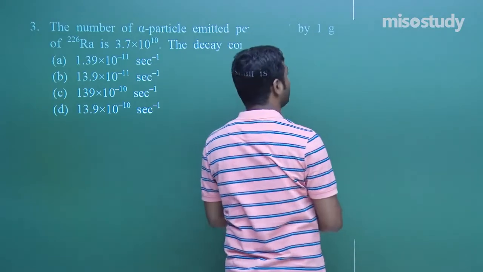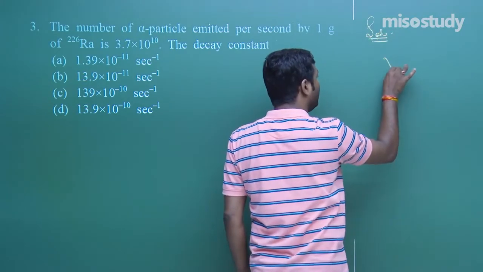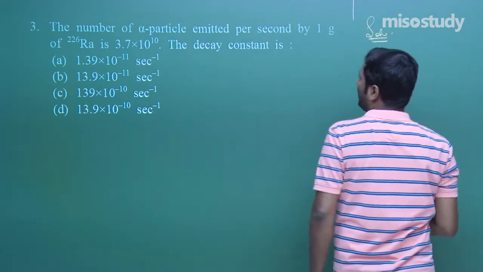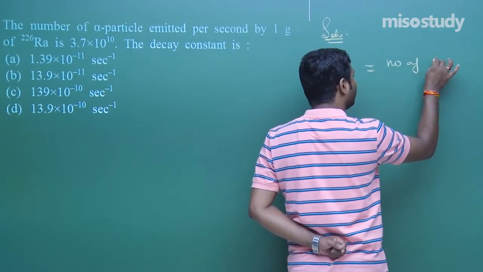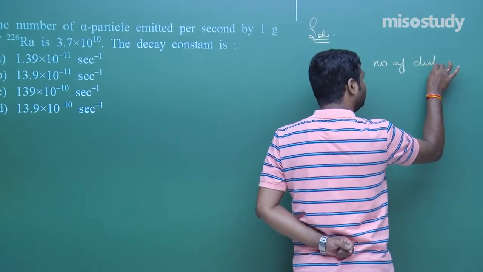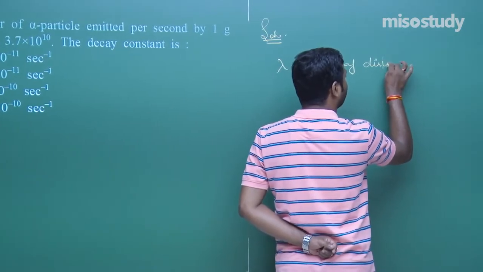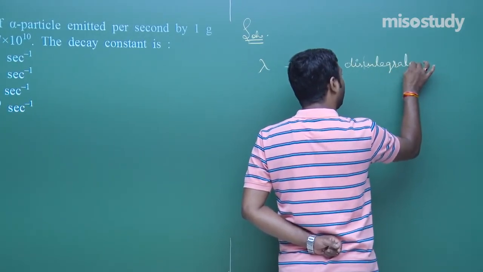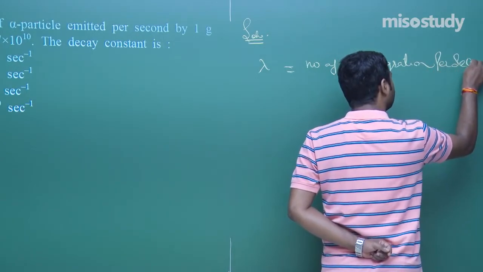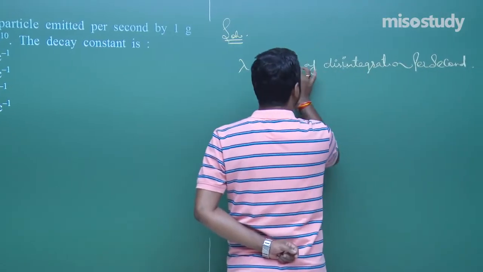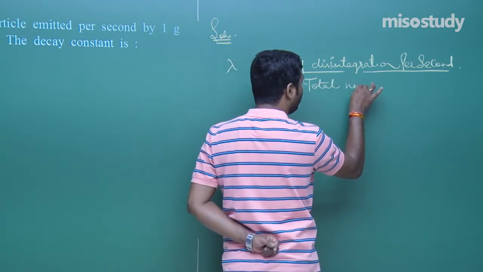Now how to solve such a question? Tell me. The solution of this question is, as we know, decay constant lambda will be equal to number of disintegrations per second upon total number of atoms.